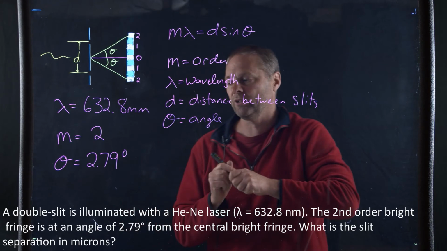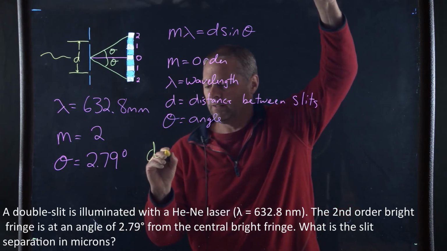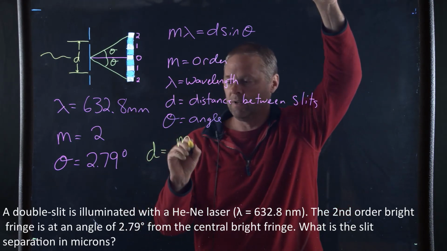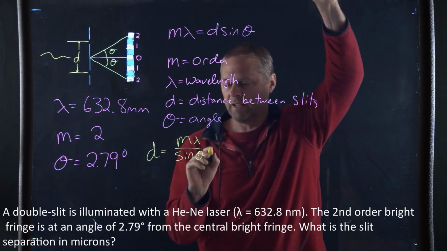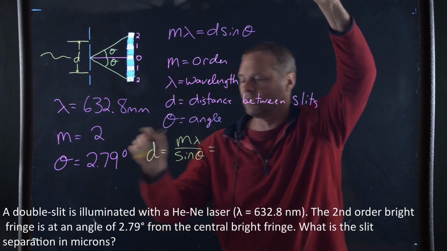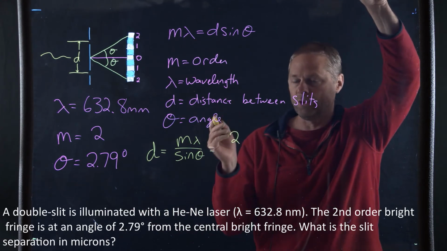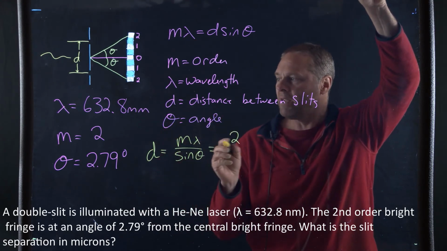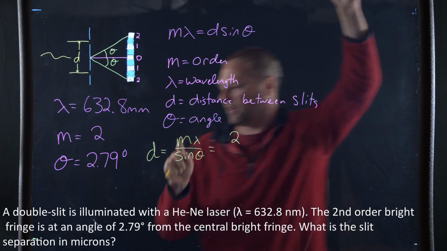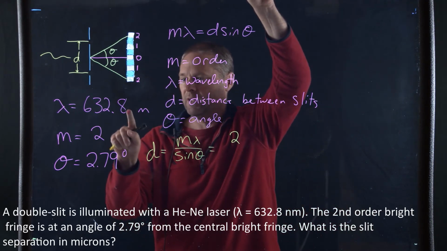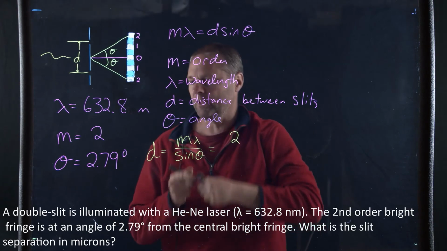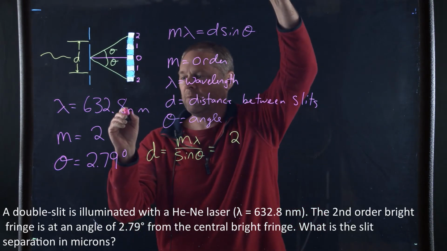We solve this equation for d, and d is equal to m lambda over sine theta, which is equal to, we know our second order, which is 2, a unitless number. Our wavelength of the light, oh, that should be nanometers. Sorry, that should be nanometers, not millimeters.